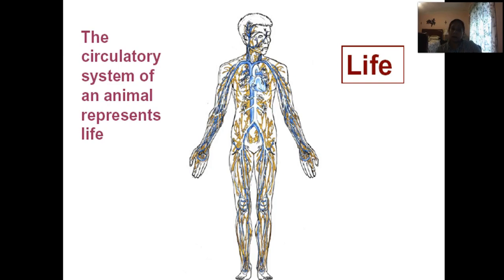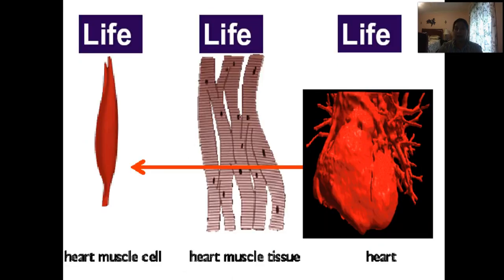So here in this image, you are looking at a human being, which we all know is a living thing. But what we may not think about quite as easily as living is the circulatory system. While the circulatory system of a human being or an animal, which is composed of all the blood vessels, the heart, and everything, is not able to completely replicate and divide on its own, it still does represent life because it is composed of individual living cells that have all the properties associated with life.